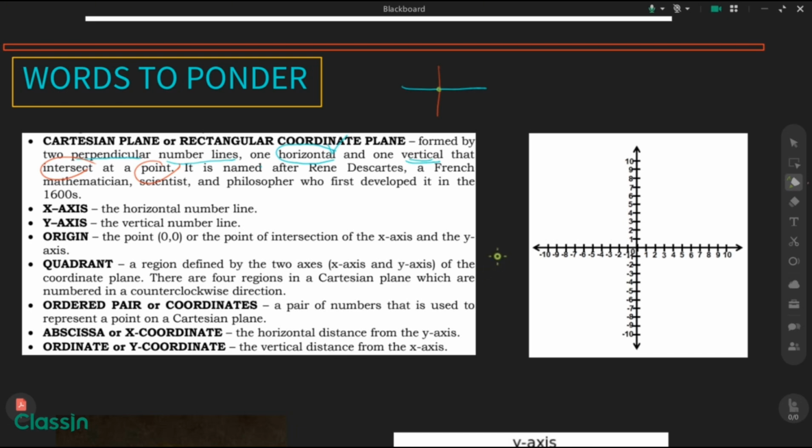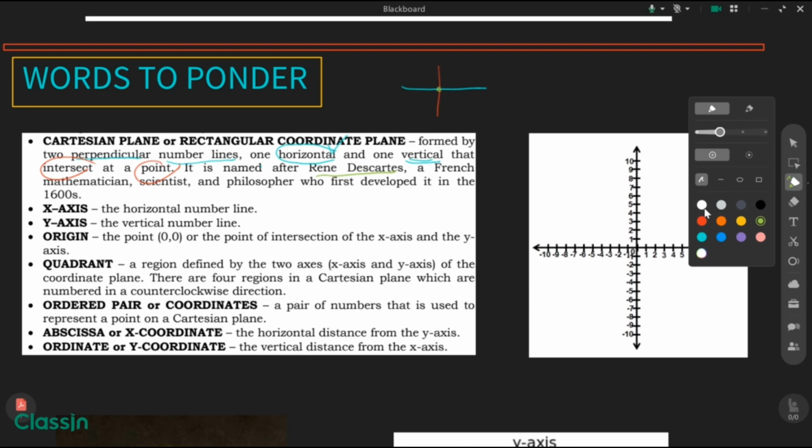It is named after Rene Descartes, a French mathematician, scientist, and philosopher who first developed it in the 1600s. So again, in the Cartesian plane, we have two perpendicular number lines, one horizontal and one vertical, and they intersect at a point.